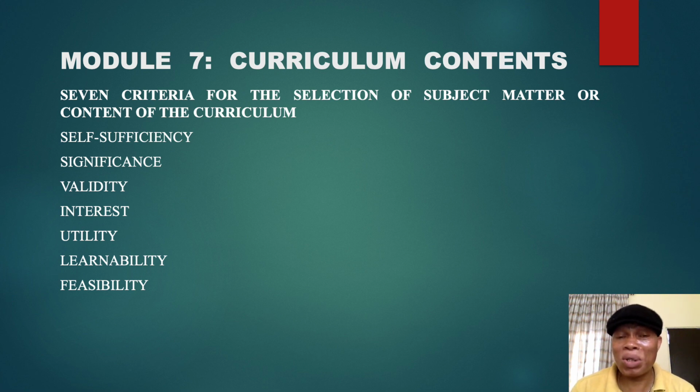So you don't need to include such a thing in your subject curriculum. You have to look at the feasibility studies. Or you want to teach English language, and there are no English language teachers in that school. How will the topic be taught? So you have to look at all these factors while you are stuffing the subject curriculum with subject matters.